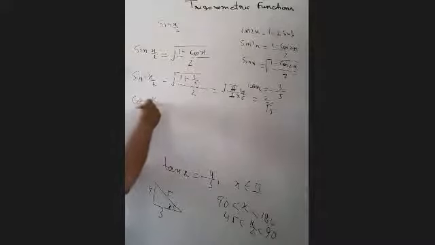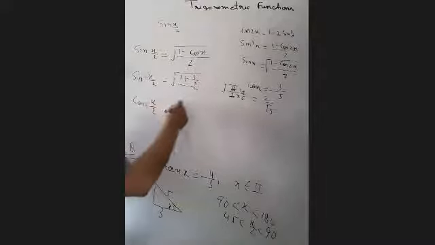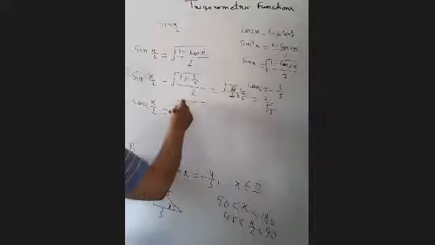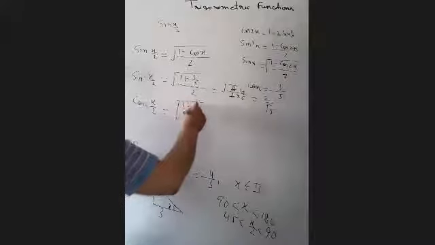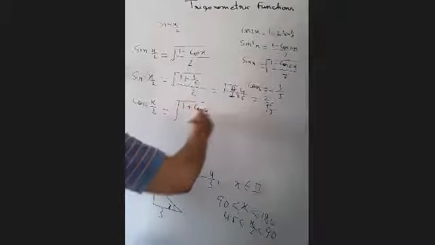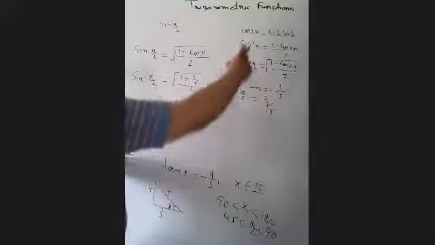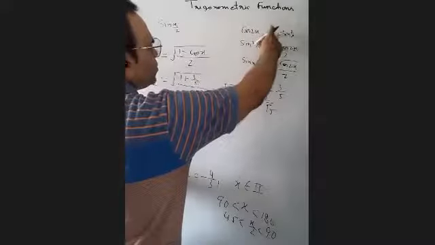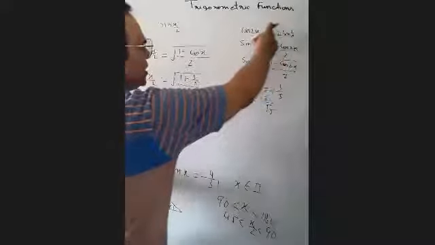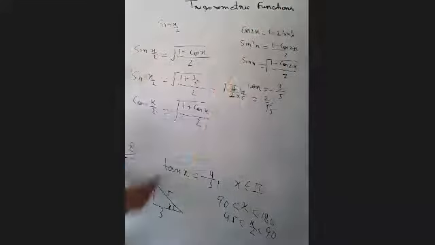Now we want to find out the value of cos x by 2. In case of cos x by 2, we have to write this formula: root of 1 plus cos x upon 2. By using this formula, in terms of cos 2x we write 2 cos square x minus 1. If we convert in terms of cos x, we get the formula 1 plus cos x upon 2.